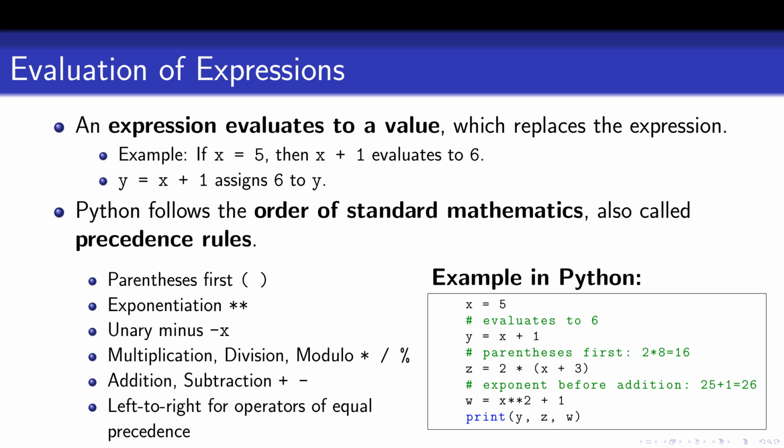When operators share the same precedence level, Python evaluates them from left to right. For example, if x equals 5, then x plus 1 evaluates to 6, y equals 2 times x plus 3 evaluates to 16, and x squared plus 1 evaluates to 26. By mastering precedence, you can write expressions confidently and ensure Python interprets them the way you intend, minimizing unexpected results.